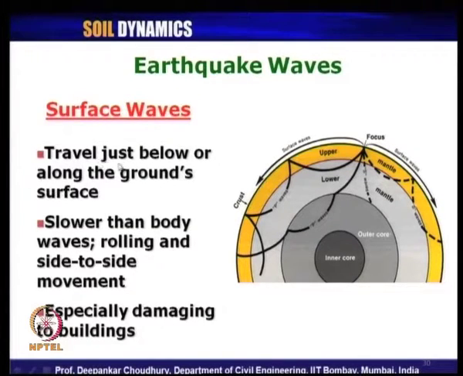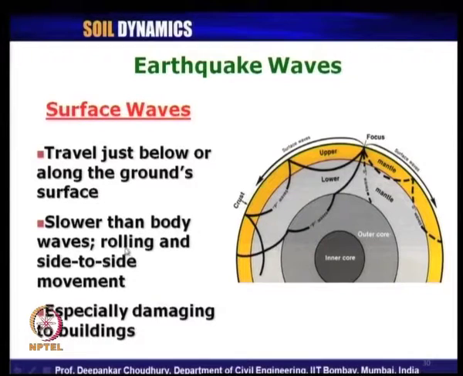They travel just below or along the ground surface. And the wave velocity is much slower than the body waves, much lower than the P wave and S wave.